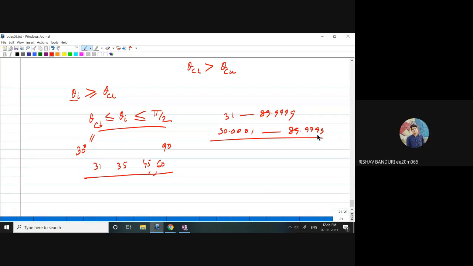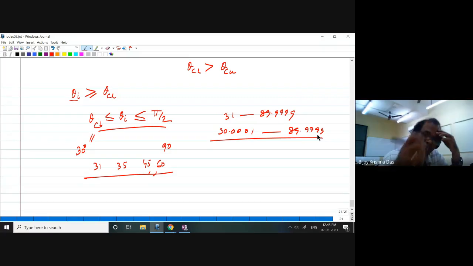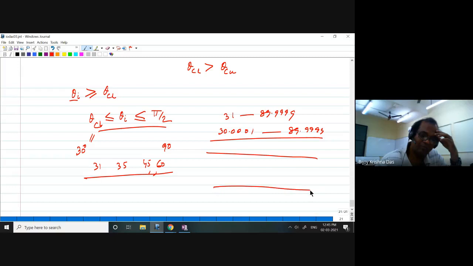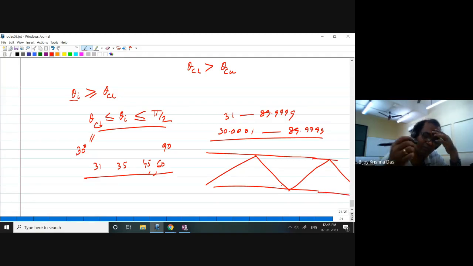Due to constructive interference and destructive interference. You will have two boundaries, and the light goes there and comes back, goes there and comes back. So I have satisfied total internal reflection. What is the problem?